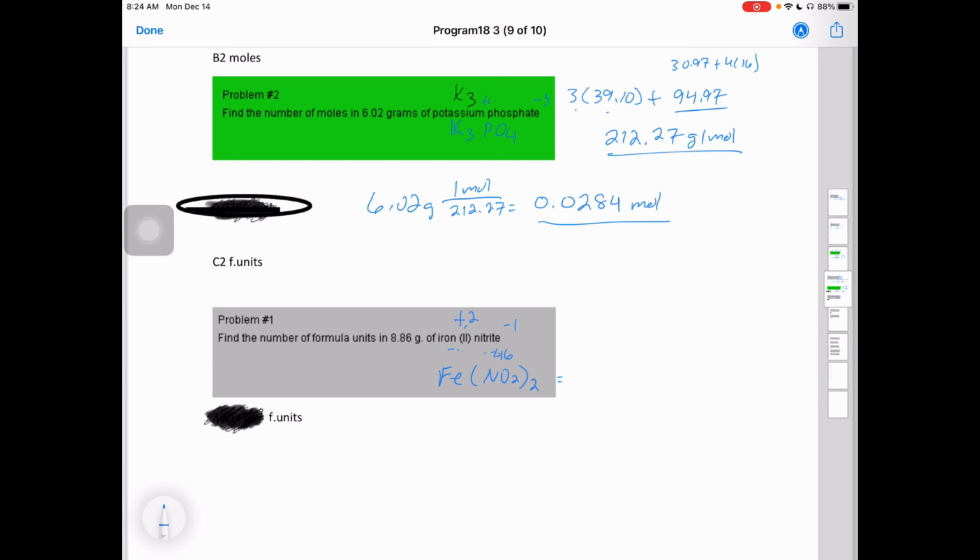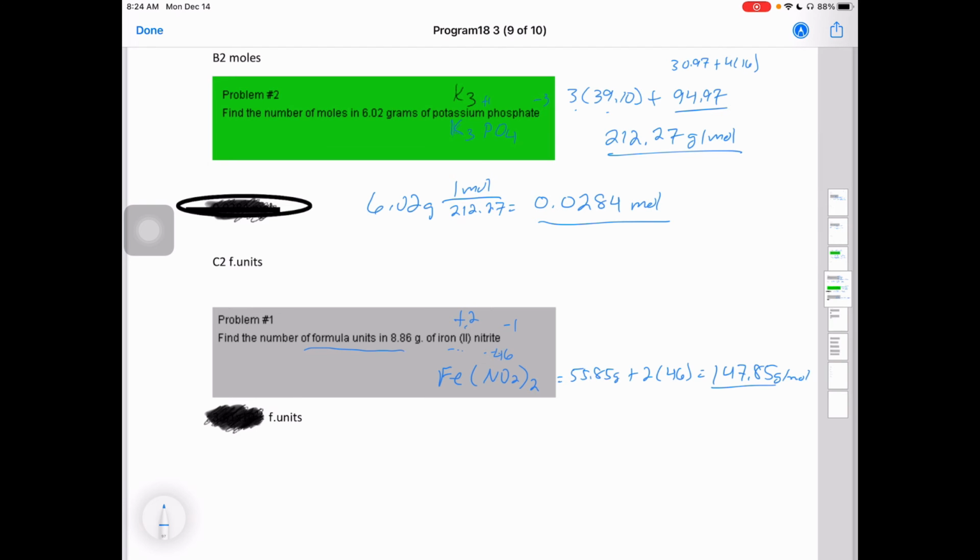So the molar mass is 55.85 grams for iron, plus 2 times 46, for a total of 147.85 grams per mole.